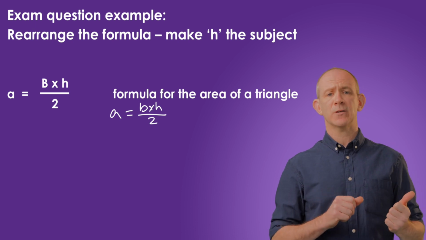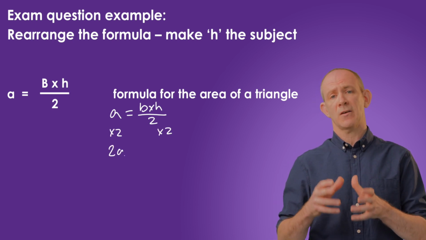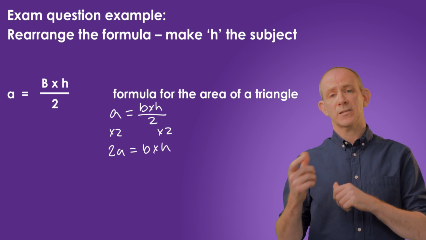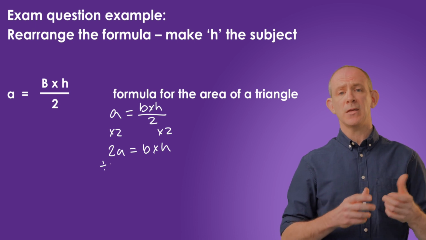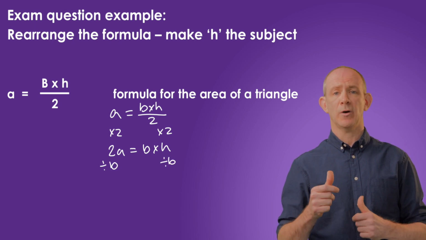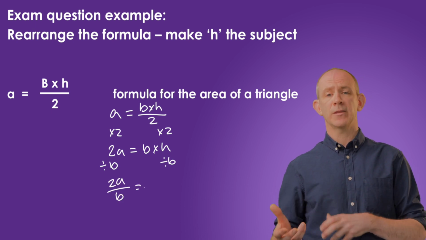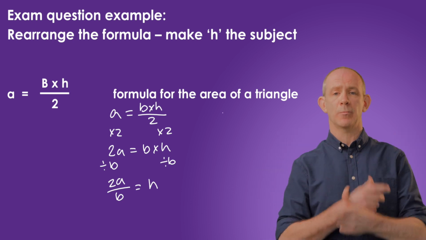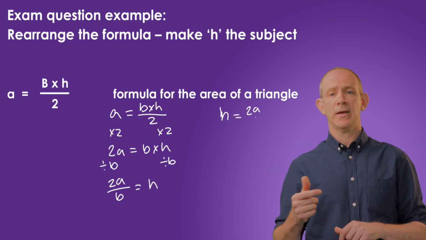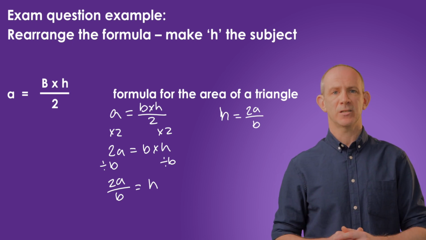So that gives us on the left-hand side 2 times A, or 2A, and on the right-hand side we now just have B times H. Now, because we want to get H on its own, it's being multiplied by B, we're going to divide by B to both sides, so we end up with 2A divided by B equals H. Or we can rewrite this so that H is on the left-hand side by just swapping the two sides, and we get H equals 2A, 2 times A, all divided by B. And that's the answer to this problem.